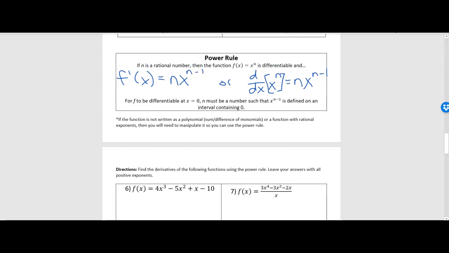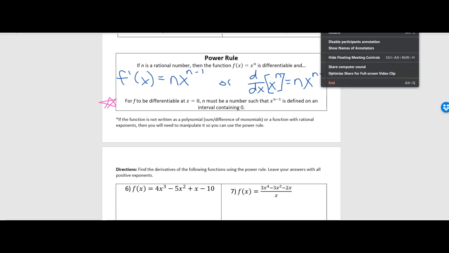Notice down here it says, last thing, for f to be differentiable at x equals 0, n must be a number such that x to the power of n minus 1 is defined on an interval containing 0.